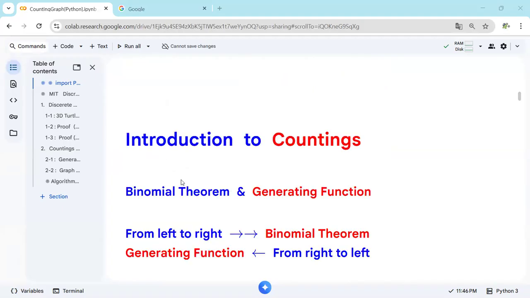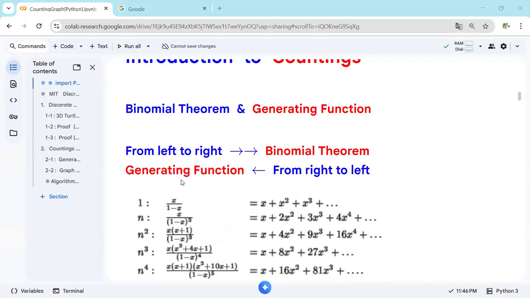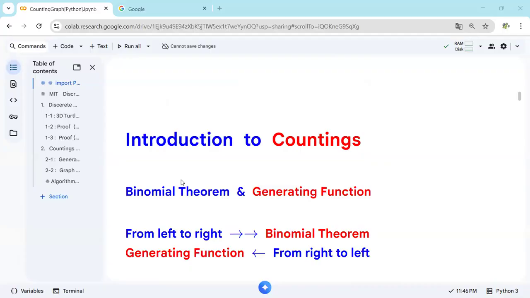After that, the binomial theorem is also important because we can introduce a generating function, and generating function is a very important concept in discrete mathematics and mathematics also, statistics and probability. So the binomial theorem is a very, very important concept for many parts.